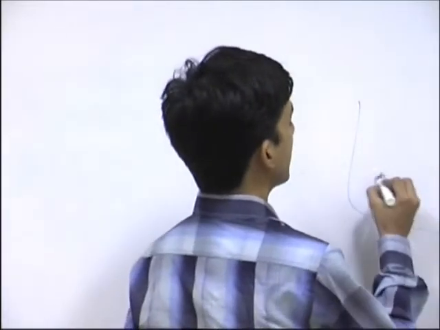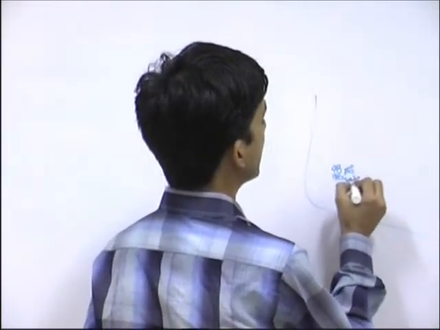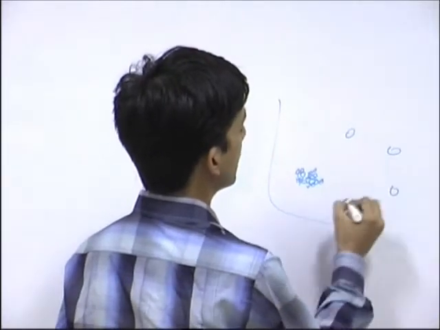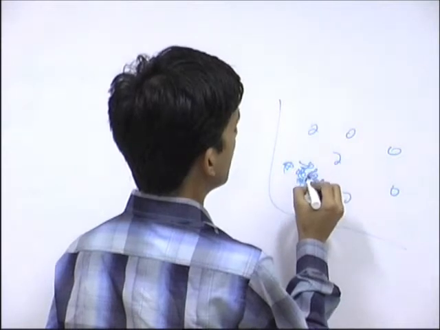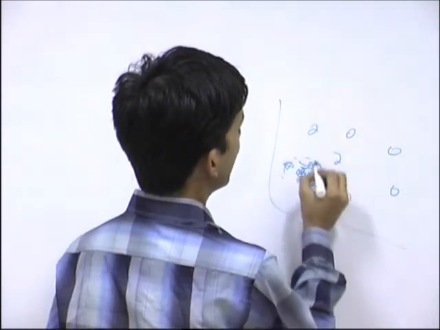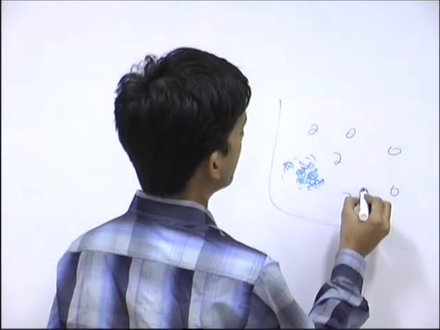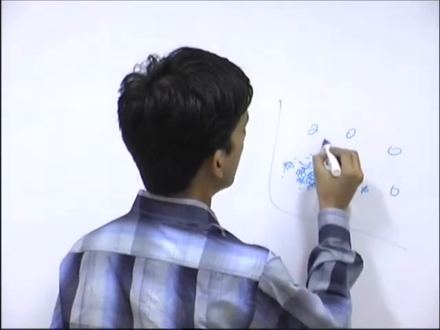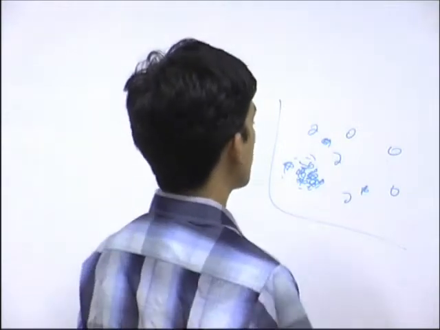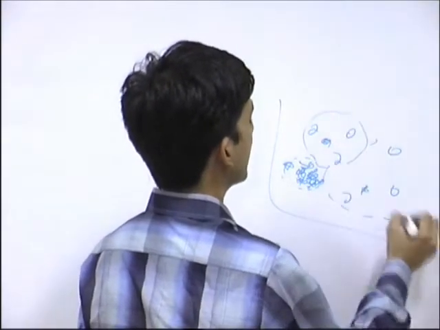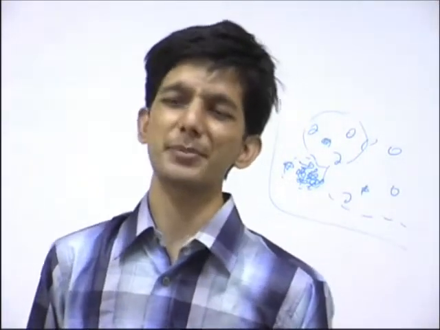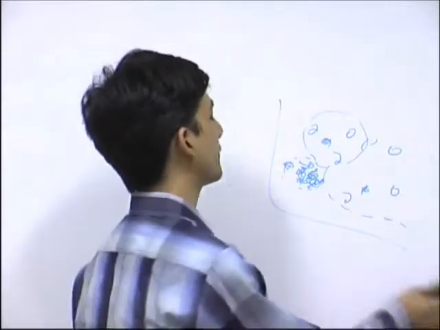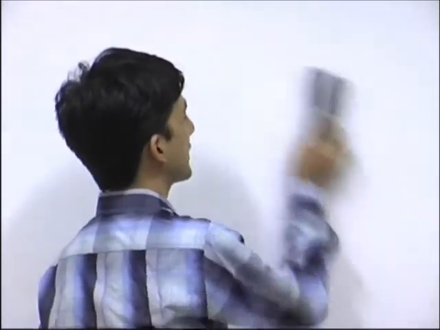It might be possible that the scenario was something like this over class A and something like this over class B. So if I place a single neuron over here, it might be able to dominate this entire region, and for this region I might require a number of neurons to cater to this region and this region, and then I'll get a better classification model. So, as I said, you cannot determine it optimally, but you require some kind of heuristic so that you can find out all these things.